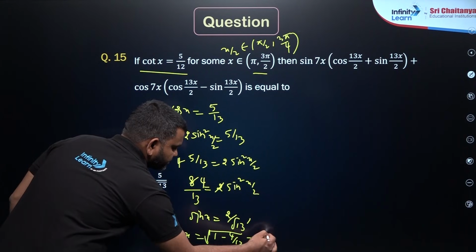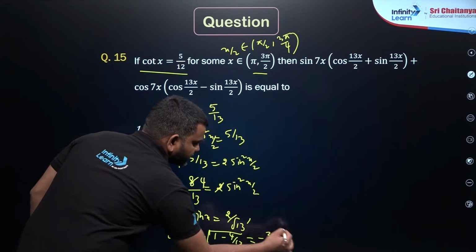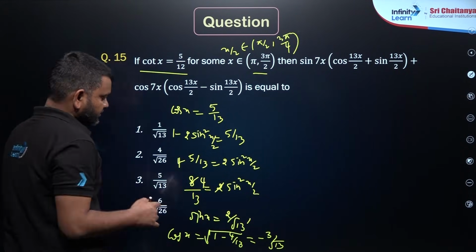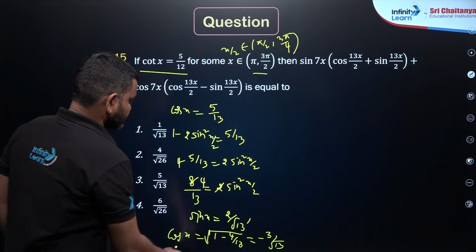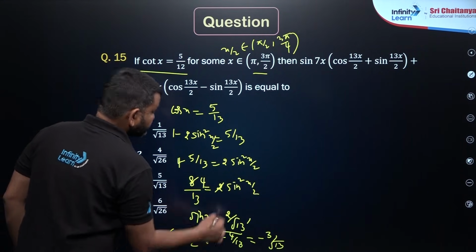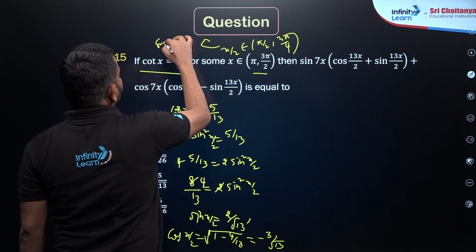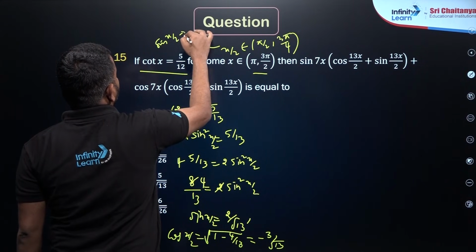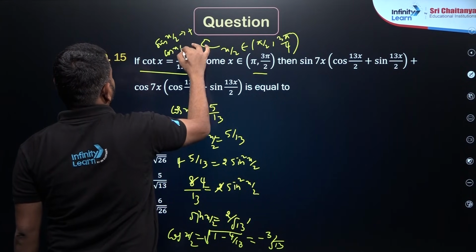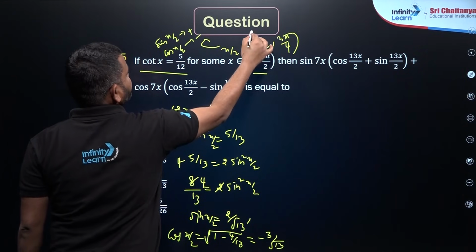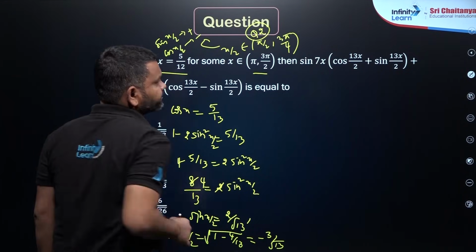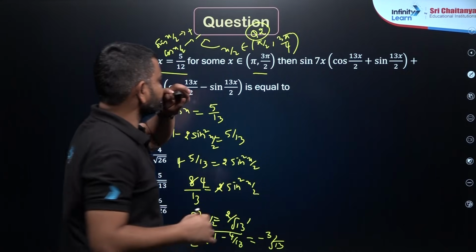So this is going to be minus 3 by 13 under root, because cos x by 2 is going to be negative. In this area sin x by 2 is positive, cos x by 2 needs to be negative, because this is in quadrant 2. Okay, now try to simplify that.